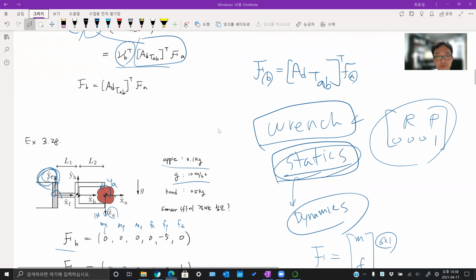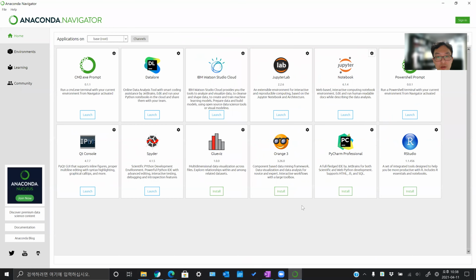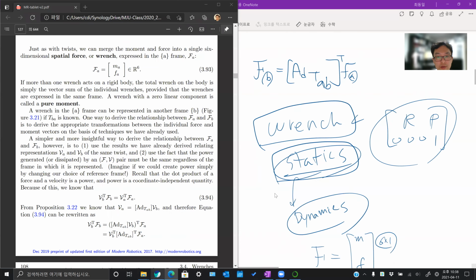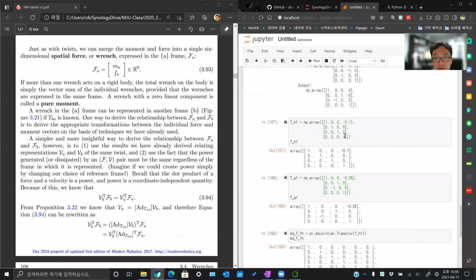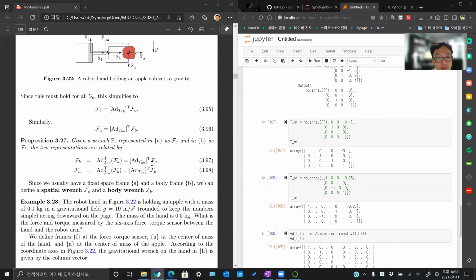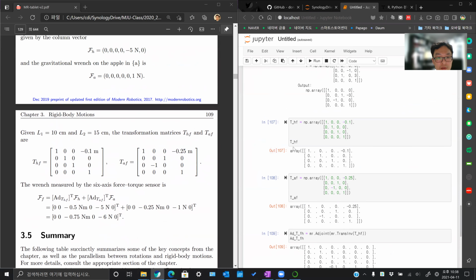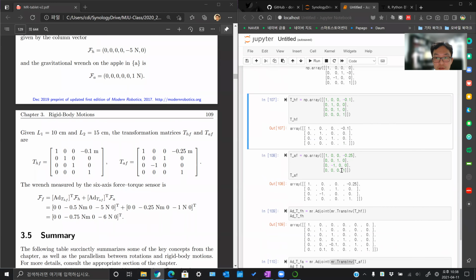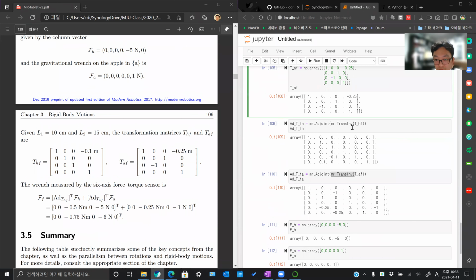Based on this one, okay. THF like here and TAF here, and we should calculate THF and adjoint HF.